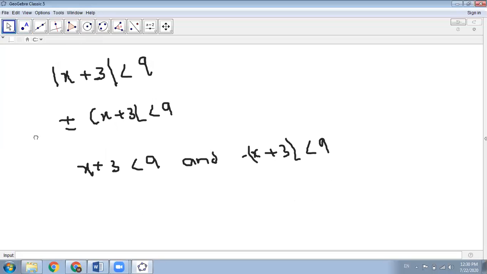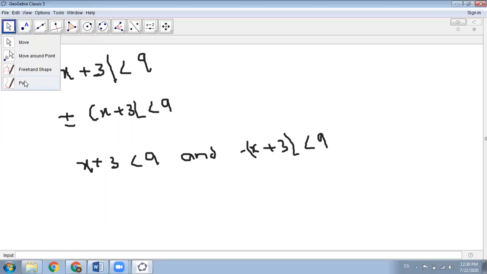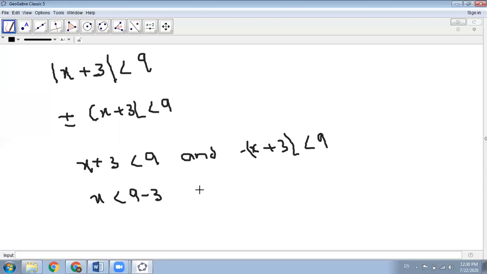In the next step, we move this plus 3 to this side, so x is less than 9 minus 3, and minus x minus 3 less than 9.